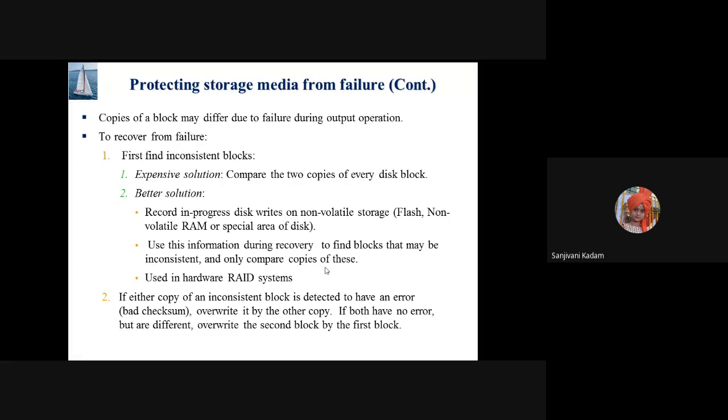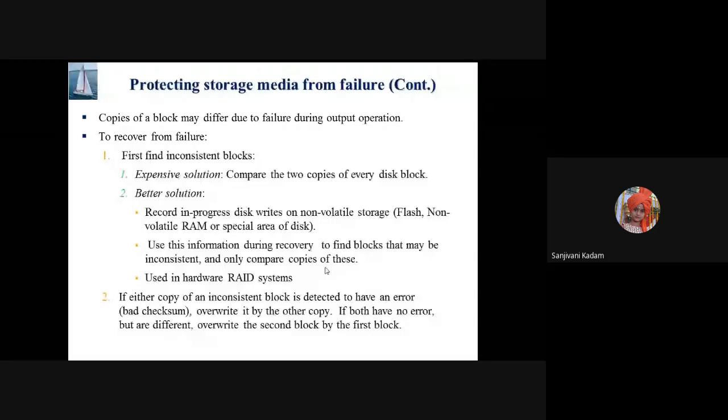If a failure occurs, check only the blocks that can be inconsistent. If three values got modified, one for A, one for B, and one for C, then only compare copies of those. It means check what A's value is.